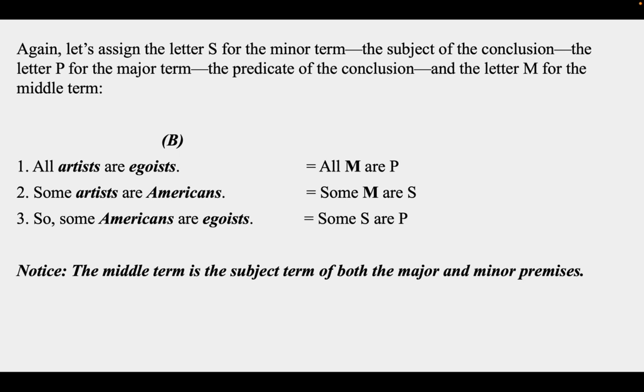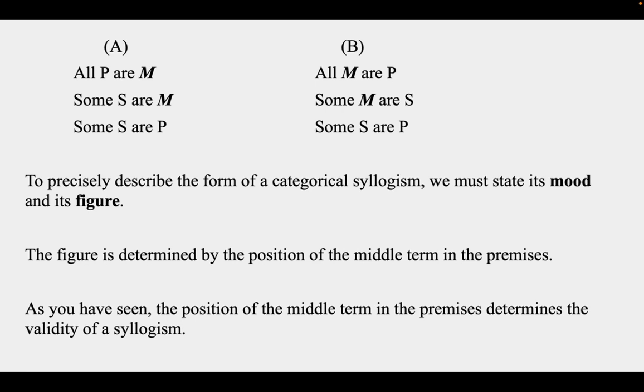So as you can see, these two syllogisms, A and B, have the same mood, but a different figure. So, to precisely describe the form of a categorical syllogism, we must state its mood and its figure. The figure is determined by the position, the location of the middle term in the premises.